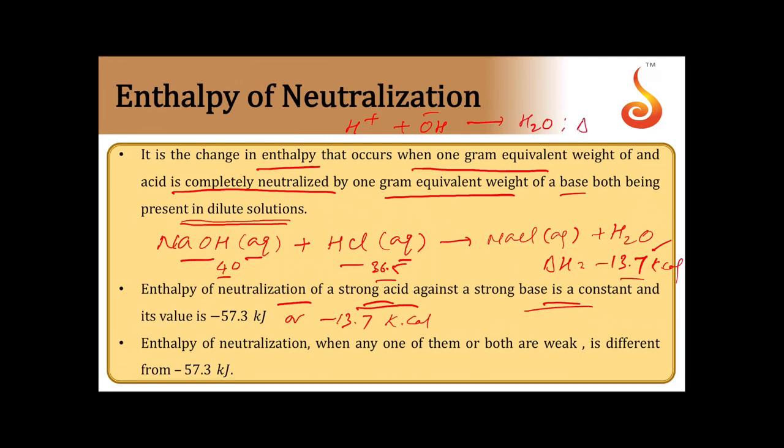Under these conditions, delta H is equal to minus 13.7 kilocalories. Now, the enthalpy of neutralization, when any one of them or both are weak, is different from the value minus 57.3.